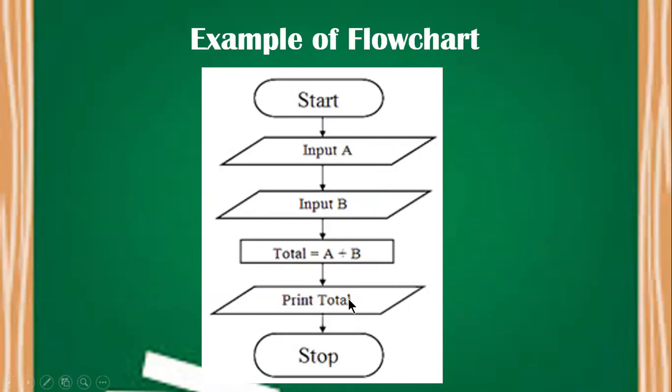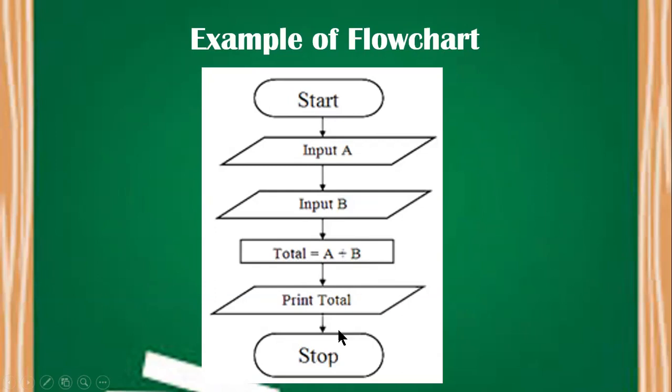You can write the English word print or display total. Total is the variable name in which we are calculating the total of A and B, or A plus B. You can write some other variable as well in place of total. Here you can write sum. So again, this is the parallelogram or input output box.